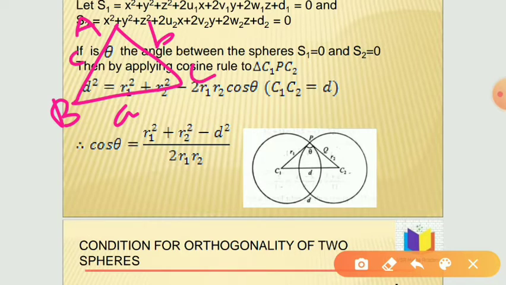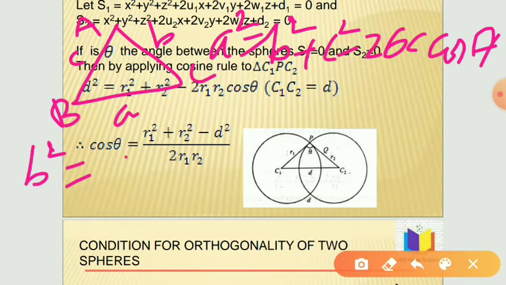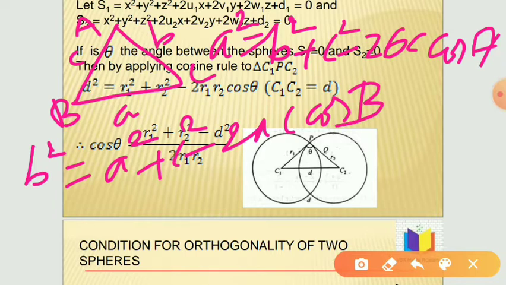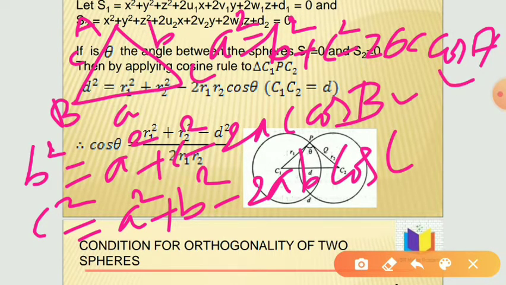Cosine rule is a square is equal to b square plus c square minus 2bc cos A. Similarly, we can write the other two cosine rules also, so that b square is equal to a square plus c square minus 2ac cos B, and c square is equal to a square plus b square minus 2ab cos C. These three are cosine rules.